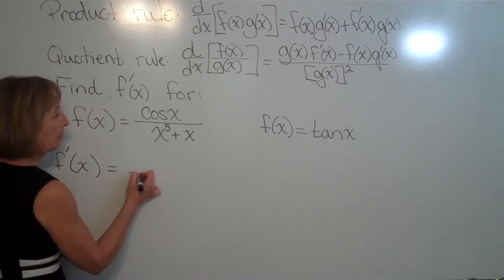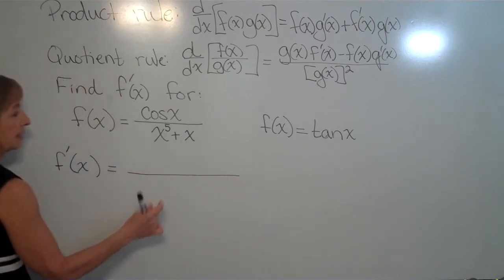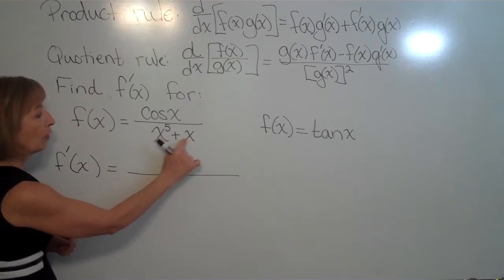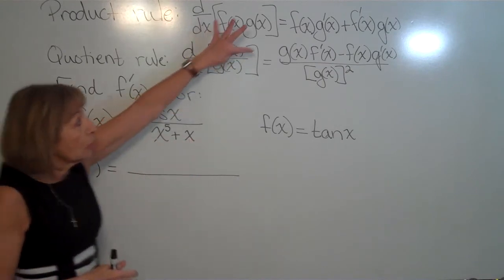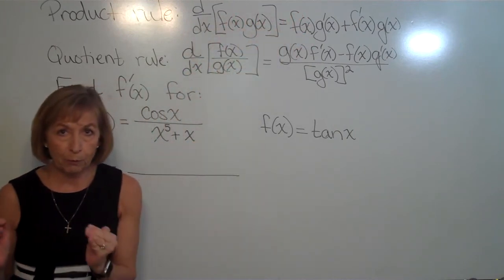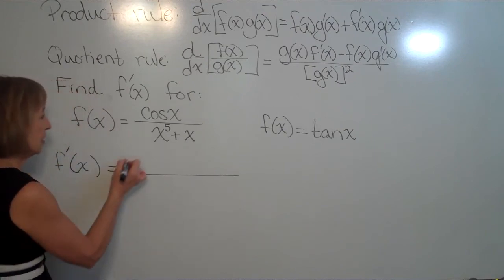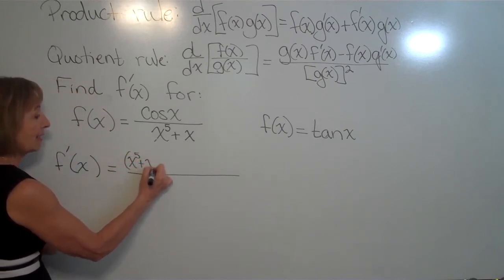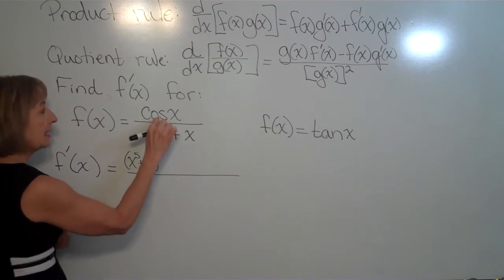So when I'm looking at going through with this, my function in the denominator, the low, has more than one term. So when I start with it in this numerator to apply the quotient rule, I have to put parentheses around it. So this is going to be, my low is x to the fifth plus x, that's low, d high.